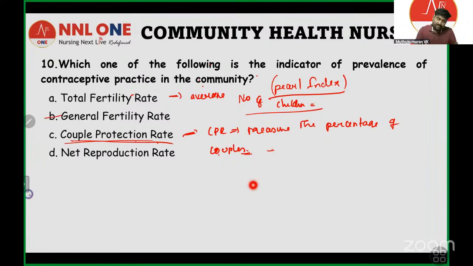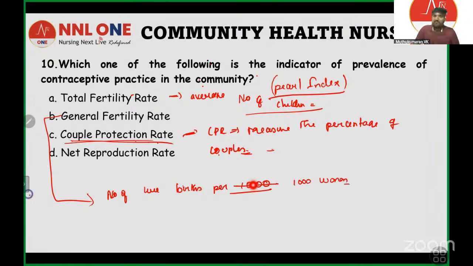Coming on to the general fertility rate, it measures the number of live births per thousand women of reproductive age in a given year. This indicates the birth rate, but not the contraceptive practices. It reflects only the birth rates. So this is general fertility rate.